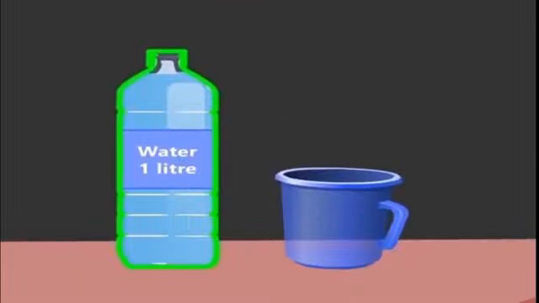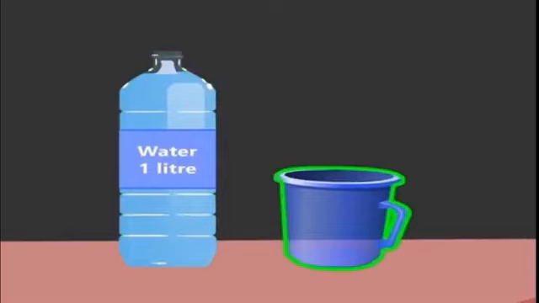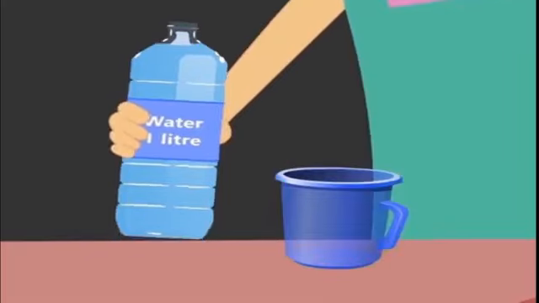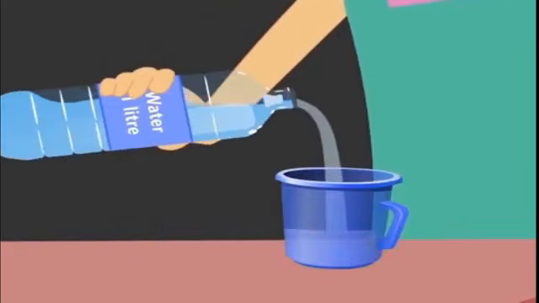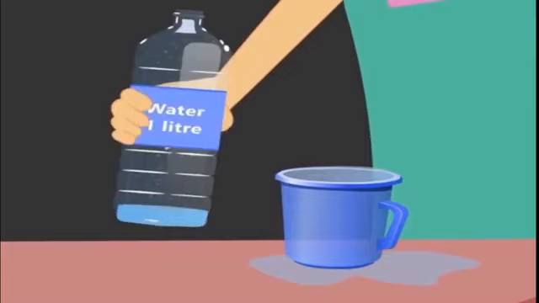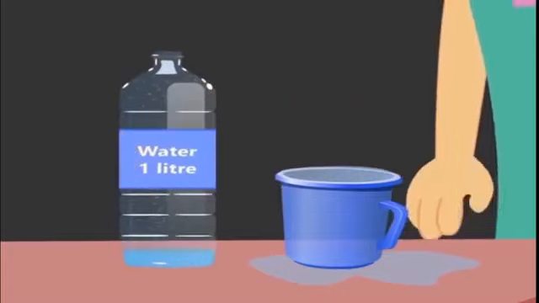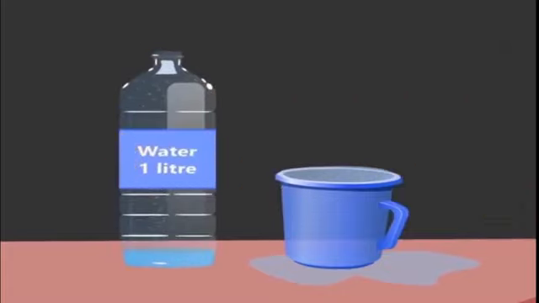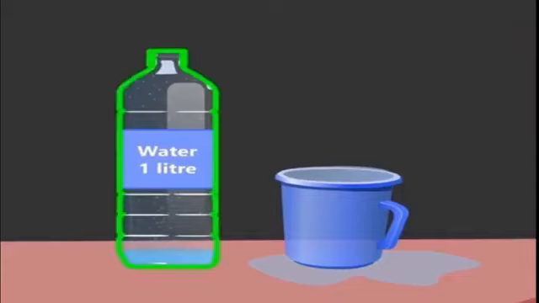Observe this. This is a 1 liter bottle and this is a mug. Now we will pour 1 liter of water in the mug. See, the mug is full and it spilled out, isn't it? Then also we can see some more water in the water bottle. We know the capacity of the water bottle is 1 liter.